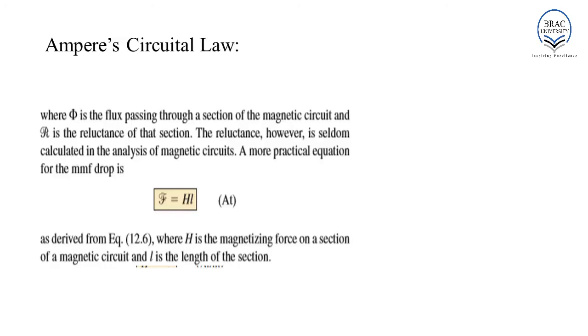Here, phi is the flux passing through a section of the magnetic circuit and R is the reluctance of that section. The reluctance, however, is not calculated in the analysis of magnetic circuits. A more practical equation for the MMF drop is F equals HL, where H is the magnetizing force on a section of a magnetic circuit and L is the length of the section.